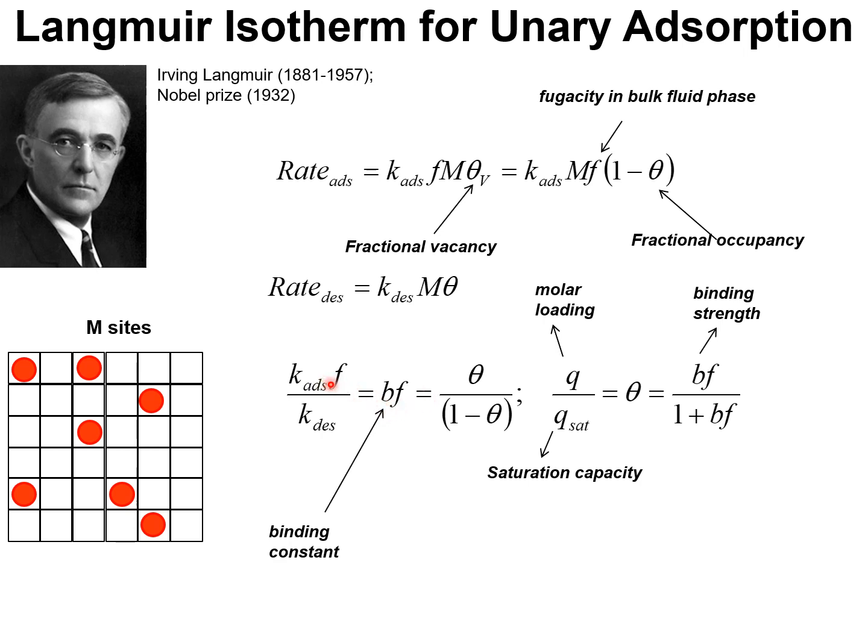K ads times F, the partial fugacity in the bulk fluid phase, divided by K desorption, and the ratio of the adsorption rate constant to the desorption rate constant can be termed as a binding constant B. So B times F is theta divided by 1 minus theta.